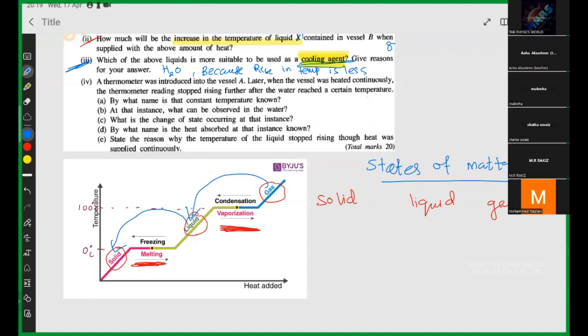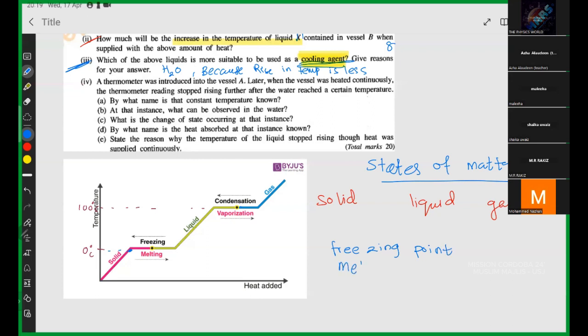Yes, teacher. Now, when you focus on the temperature, solid becoming liquid happens at 0 degrees Celsius only. That means solid becomes liquid at the melting point, and liquid becomes solid at the freezing point. Understood?